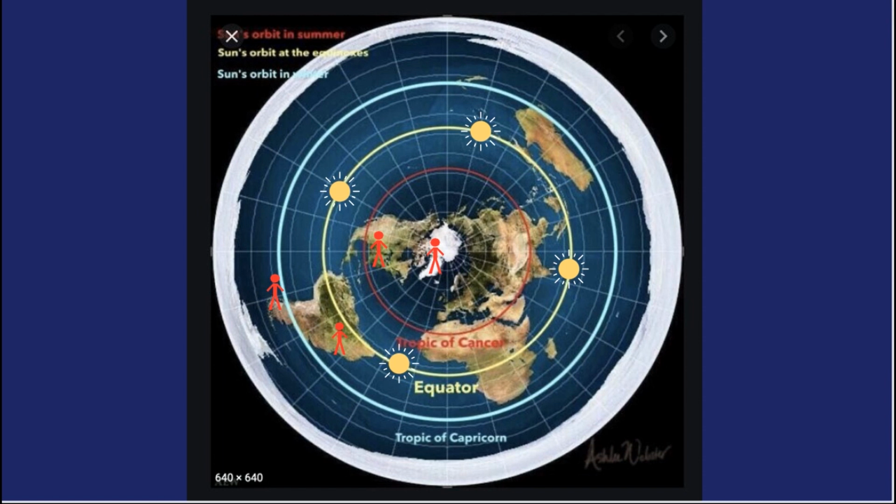So the further you were from the equator, the longer your direct sunlight was for that day, whether you're south of the equator or north of the equator. Please tell me how that makes sense on the flat earth. You already know the answer.